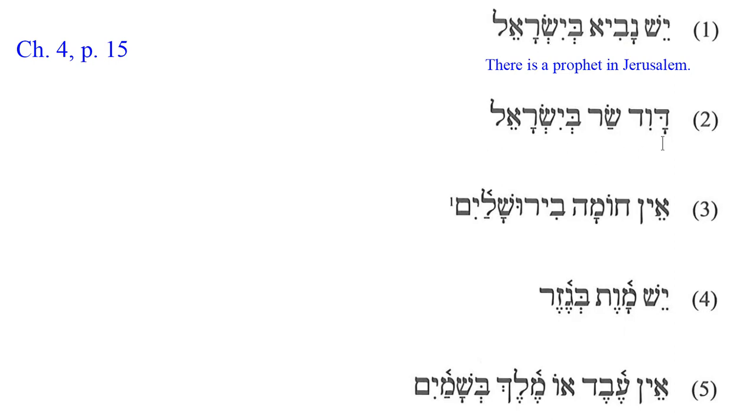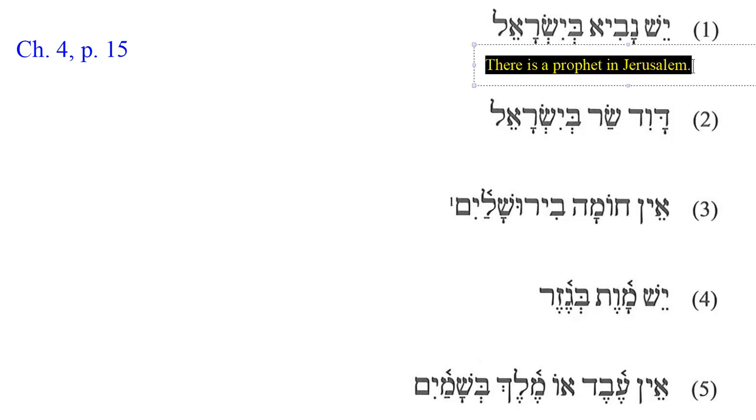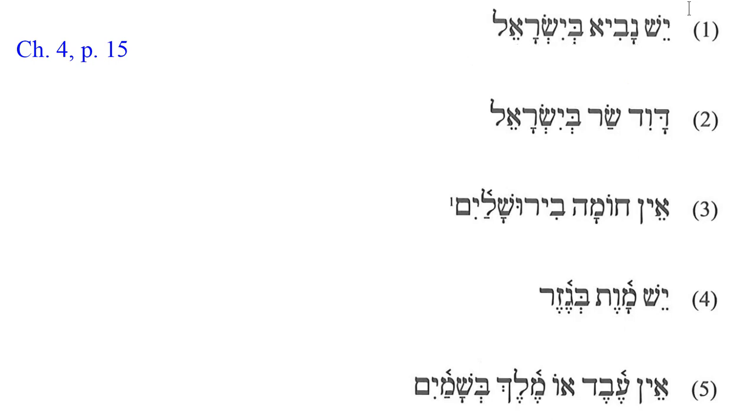Second one here is an example of a verbless clause, also known as a nominal clause. We have David sar b'Yisrael. That is b'Yisrael, which would be in Israel.